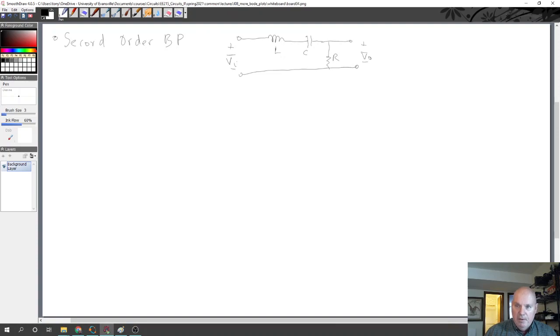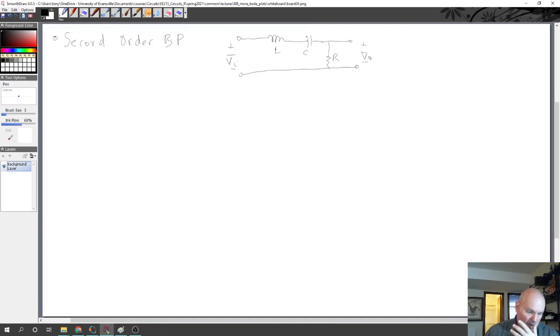And so together, these two, ZL plus ZC, act like a short circuit at that particular frequency. It's called the resonant frequency of the circuit, and we call that omega 0. But at that frequency, this is a short circuit, and the output voltage would be equal to the input voltage.